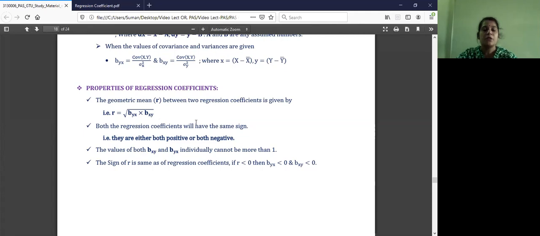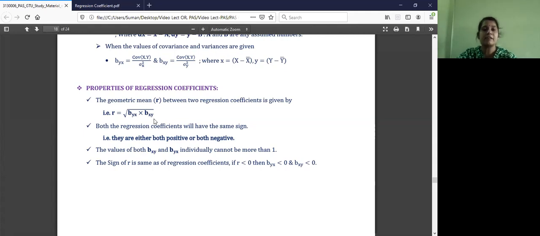If we have two types of regression coefficient, first is regression coefficient of y on x and second is regression coefficient of x on y. If the value of byx is, for example, positive, then automatically bxy also gets a positive value. If byx is a negative value, then bxy is also a negative value.